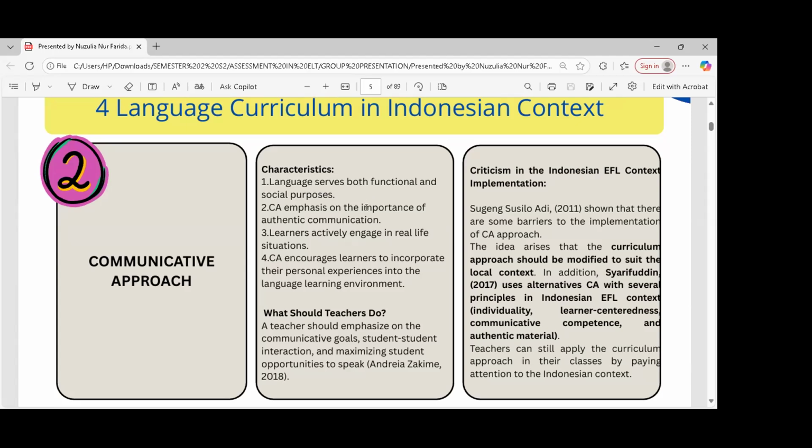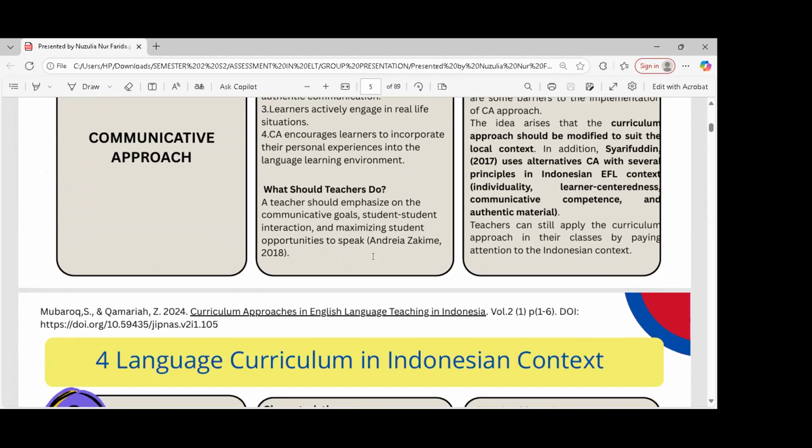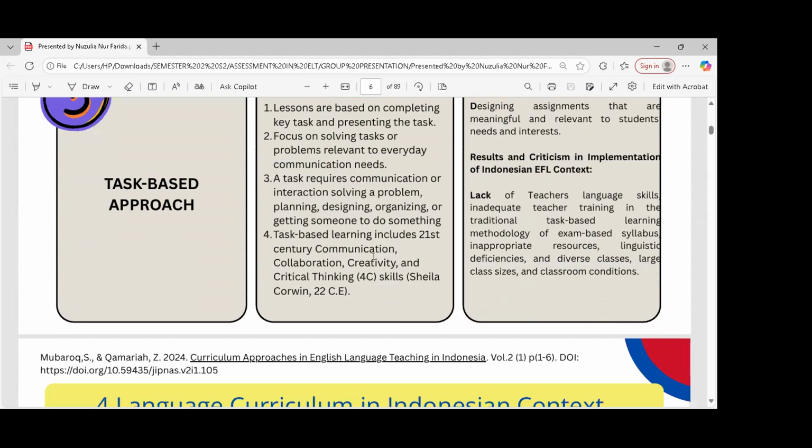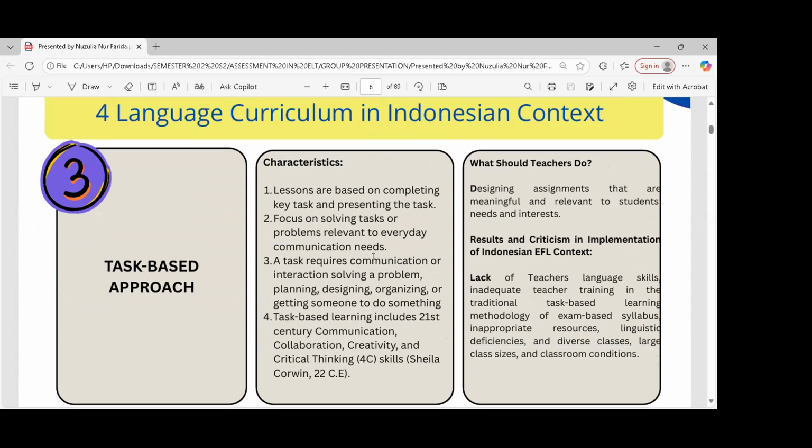And then it emphasizes the importance of authentic communication, learners being actively engaged in real life situations, and so on and so forth. Begitu.